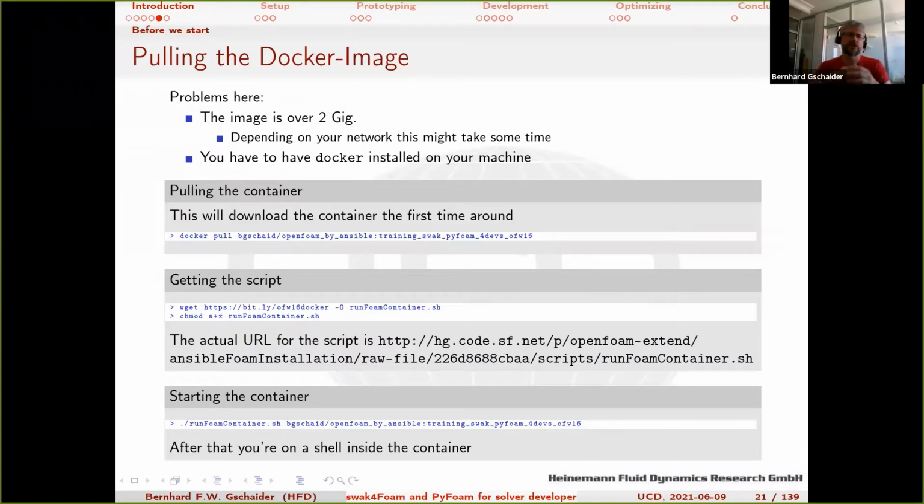You can pull the Docker image with this command, the command up here. That's the name of the Docker image that we're going to use. Then there's a script that makes this Docker image easier to use. To start a container, you just call the script and tell it the name of the Docker image.